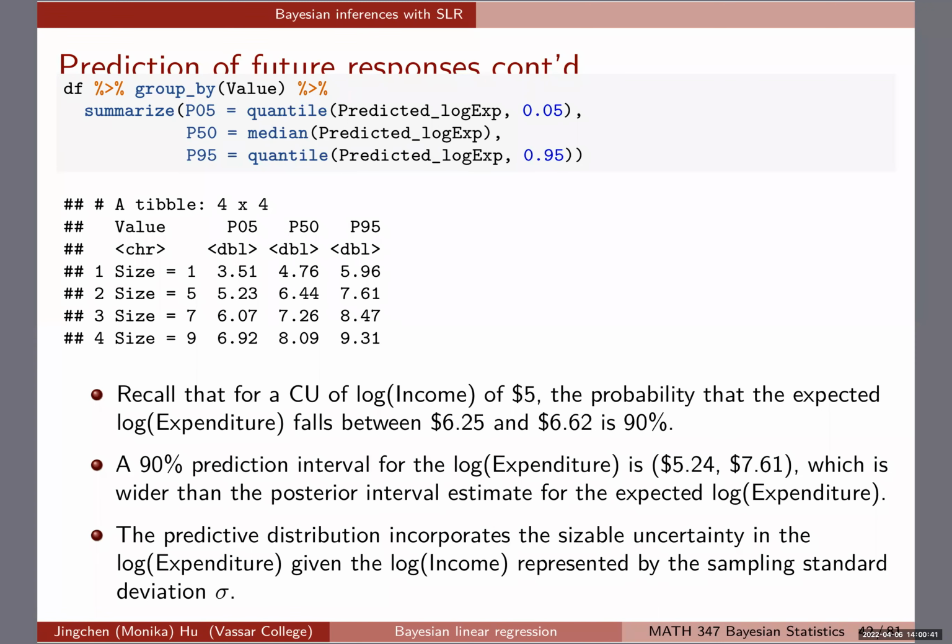Okay, so if you compare this one and this one, clearly the prediction interval is wider. Like I said, it is because not only do we have the variability of the beta 1s and beta 0s in the mean, but in addition, in the prediction, we also have a layer of that sigma in our sampling model for the normal. So that's why, not surprisingly, you're getting a wider interval.